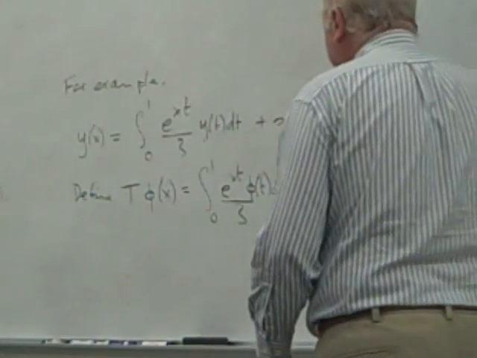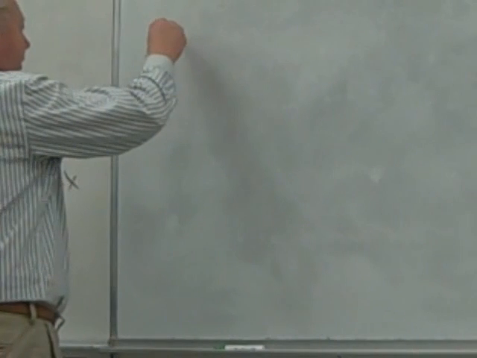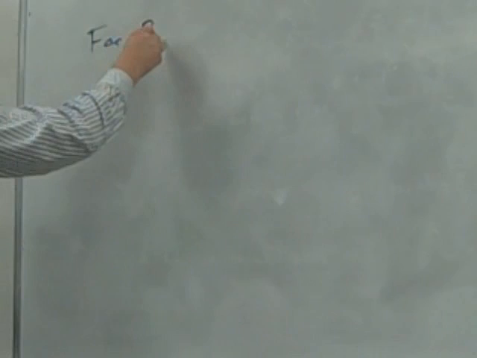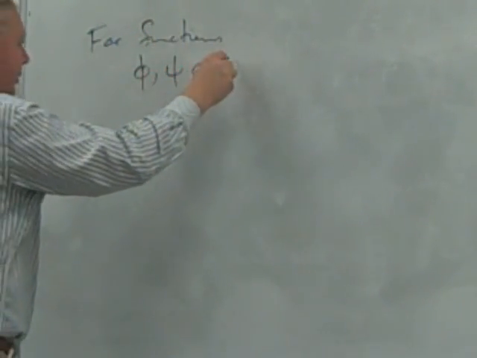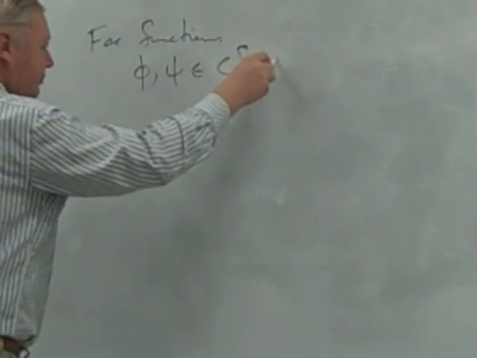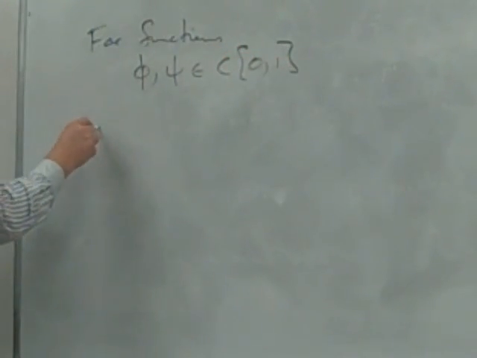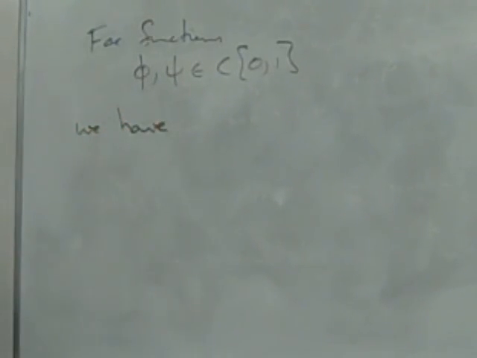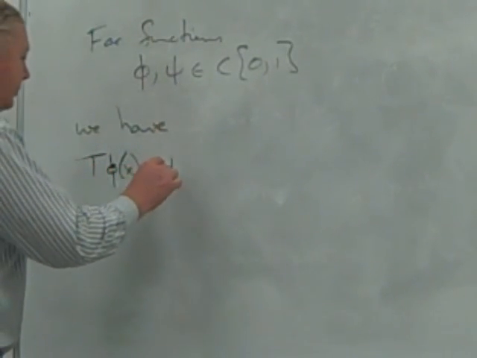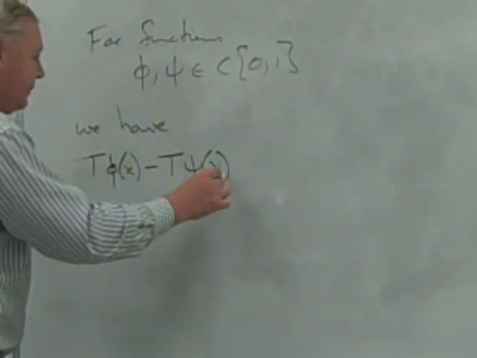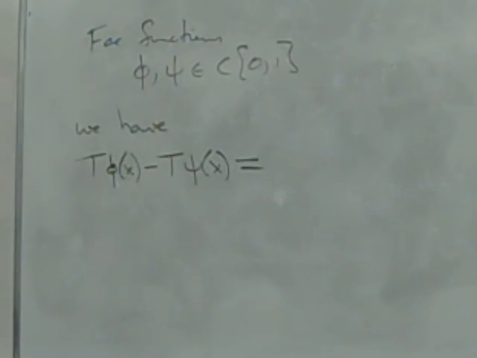And so if we figure out what T phi minus T psi is, so functions phi and psi in the continuous functions on 0, 1, we have the following: T phi at x minus T psi of x, just put phi and psi into the formula, take the difference.